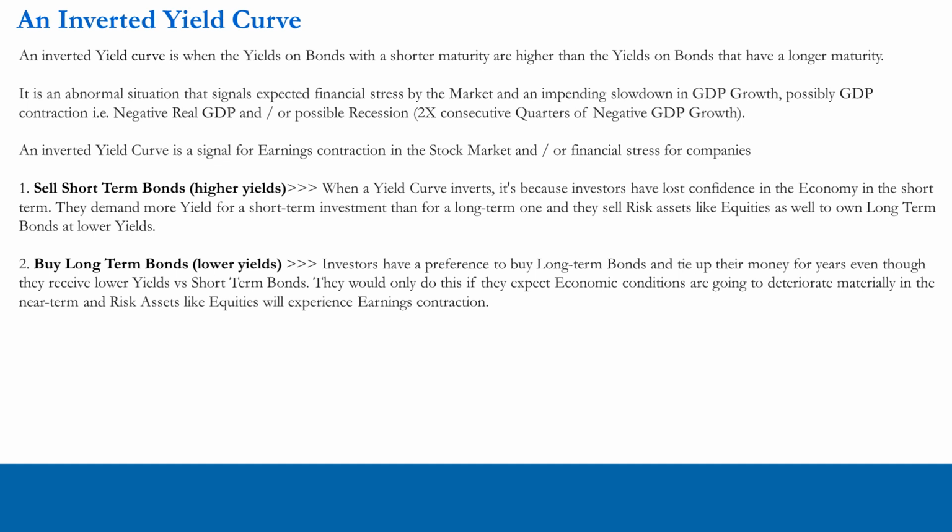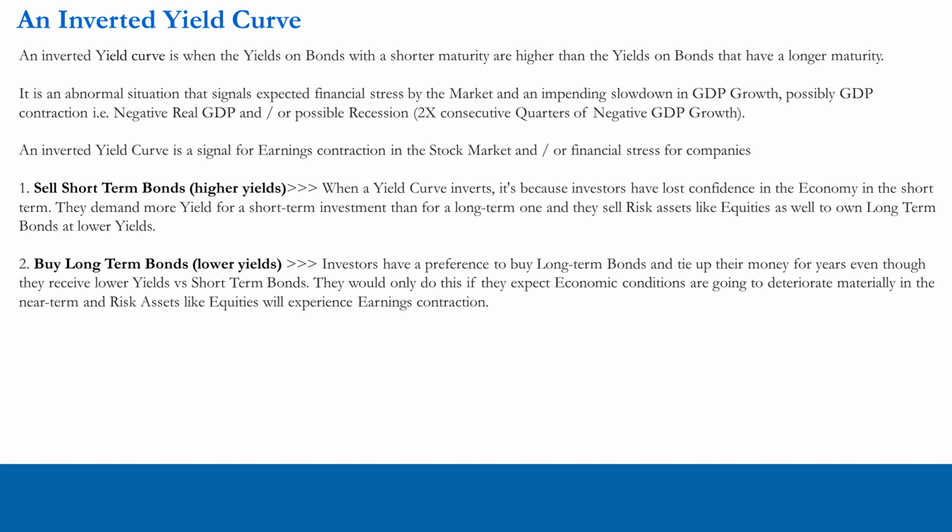This situation signals from the bond market expected financial stress and an impending slowdown in GDP growth, with possible GDP contraction, so negative real GDP. And it could indicate possible recession, which we know is defined as 2 consecutive quarters of negative GDP growth.